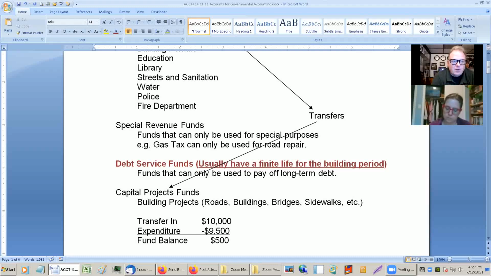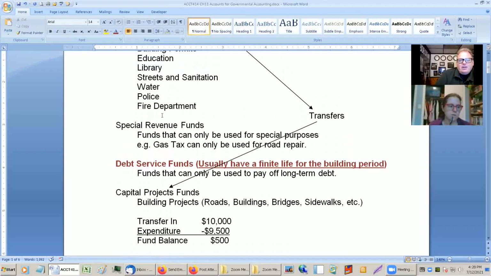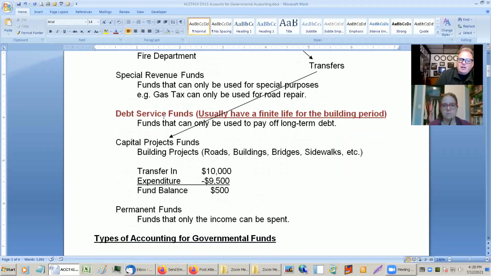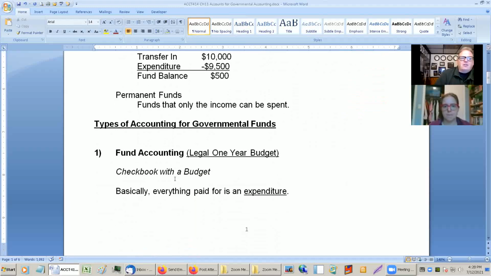Mm-hmm. And by the way, for the general fund, for regular fund accounting, once this multi-million, billion-dollar project is done, it just disappears. All those zeros just walk away because they only have current assets on the books. And again, that's good because the purpose of it is the checkbook.